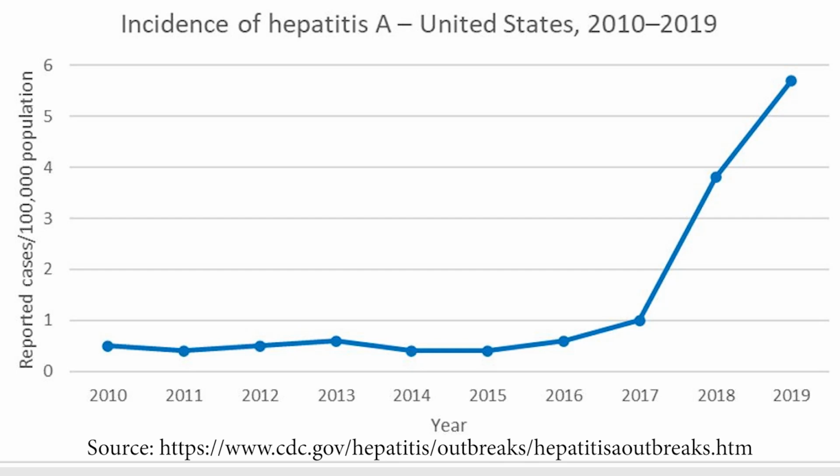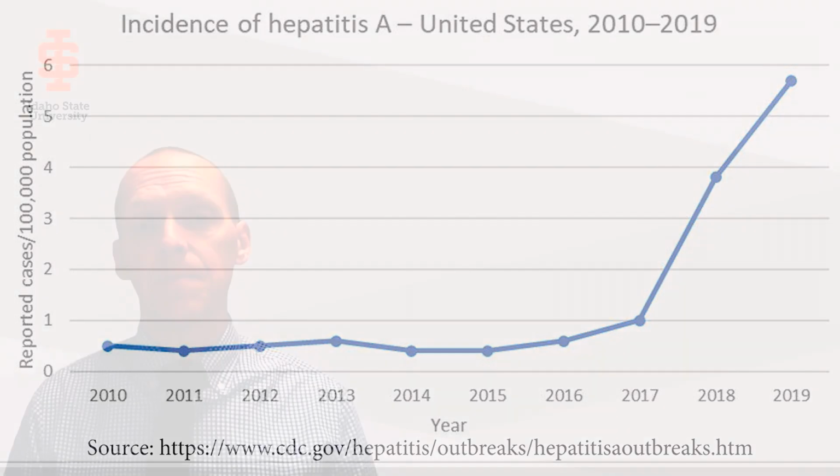However, when we look at more recent trends in transmission data, we see that we've had a significant rise over the last several years. This has been seen primarily in patients suffering from homelessness here in the U.S. And as part of that, we've expanded recommendations for hepatitis A vaccine with, again, broader use of the vaccine.